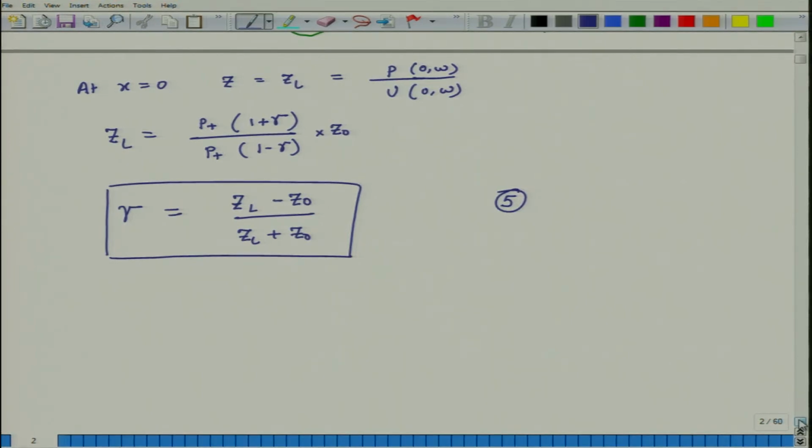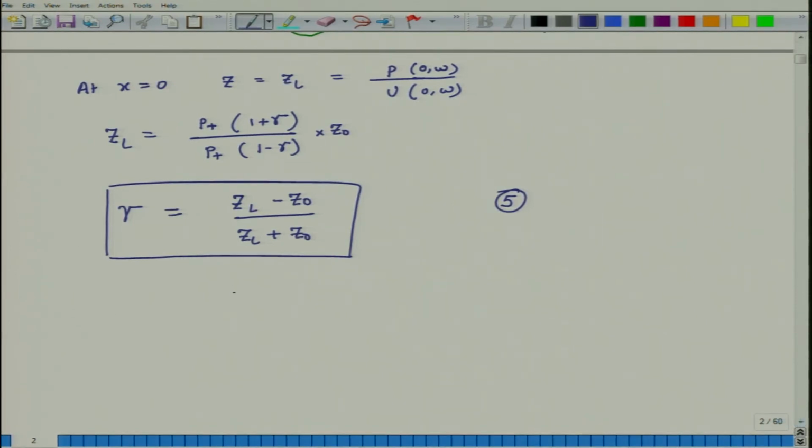Z naught is already known, because the value of Z naught is rho naught times C. Rho naught is the density of air and C is the speed of sound in air. So, Z naught is known, and if I know ZL, then I can calculate gamma.